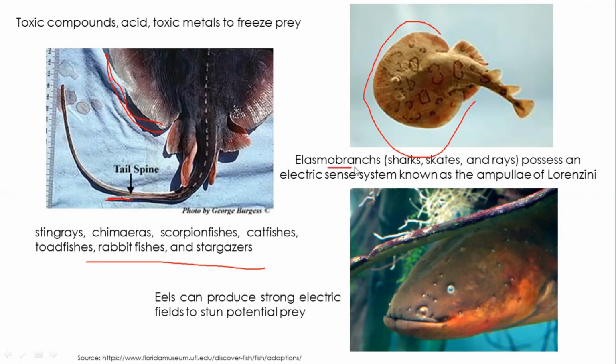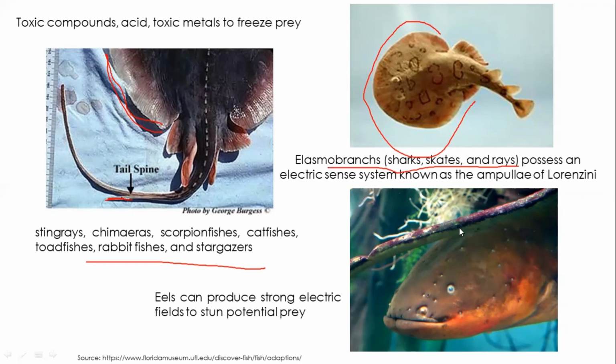Similarly, some of the elasmobranchs, so elasmobranch is a group of fishes which includes sharks, skates, and the rays. Okay, you may have heard about the electrical rays. So this is an electric ray which produces the electricity or electric senses, amplitude of the electric currents, which can freeze the prey.